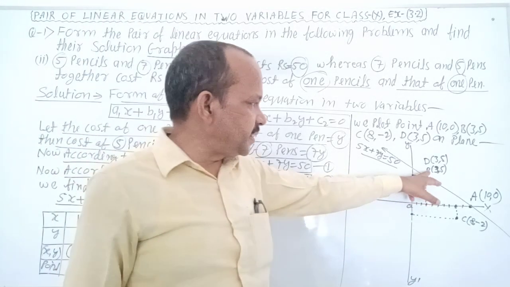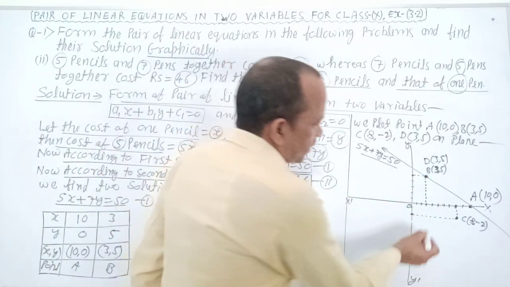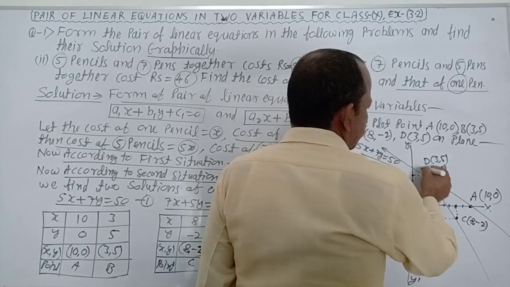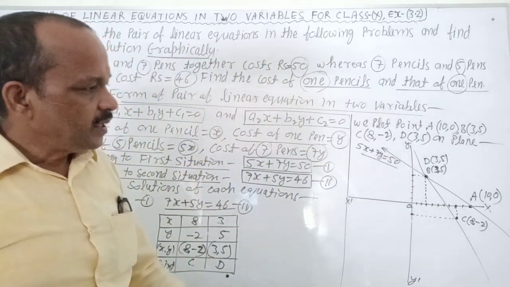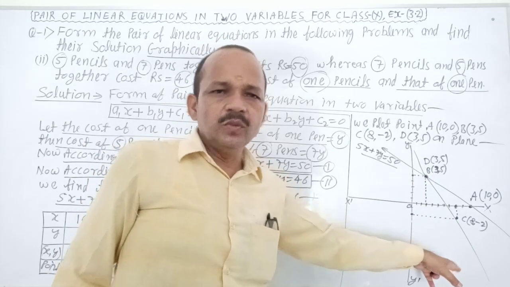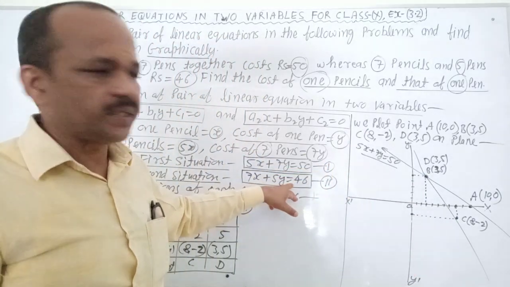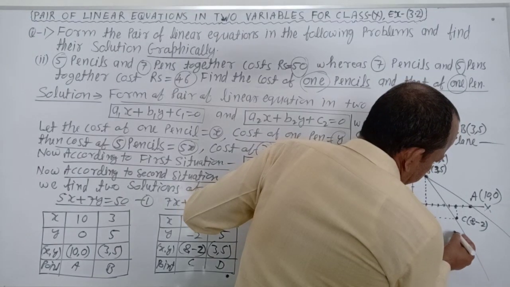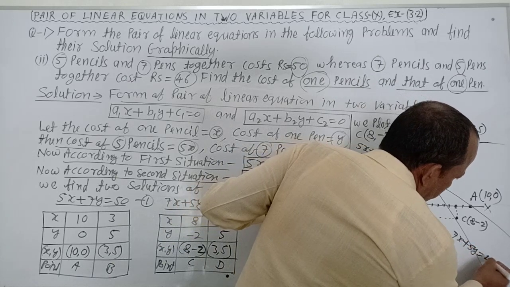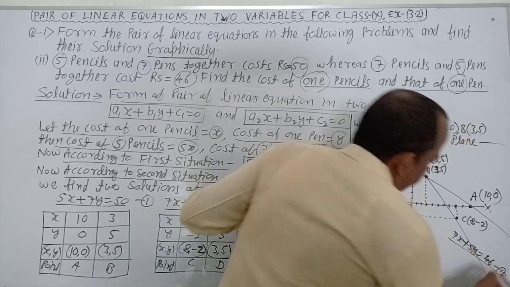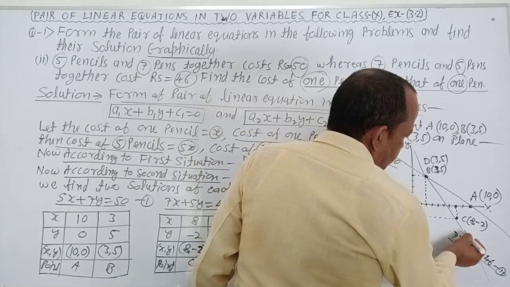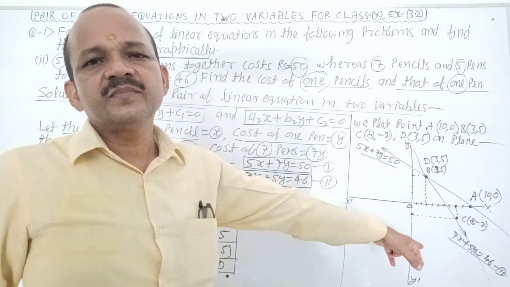Now you join point D and point C. Here you join points C and D and produce the line. The line CD is according to the second equation, 7x plus 5y equals 46. Equation second. It is clear? No confusion about it.